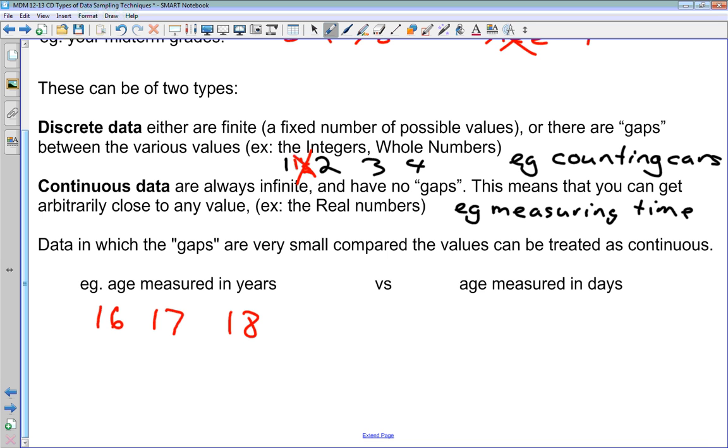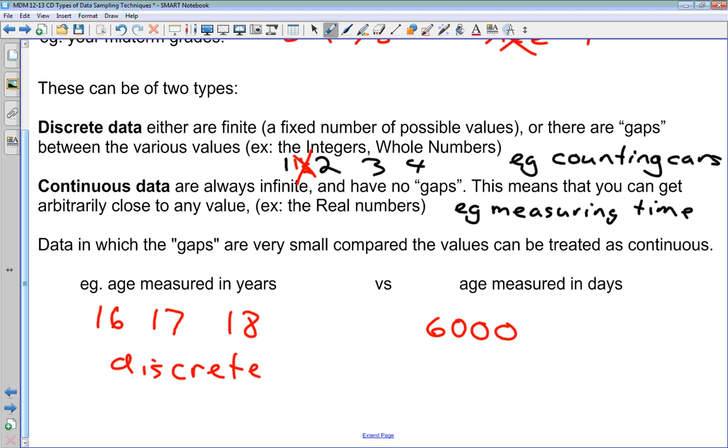So we would consider this as discrete. Whereas if we asked for the age of somebody measured in days, we might get a number like 6,000 days, or 6,001 days, or 6,002 days.